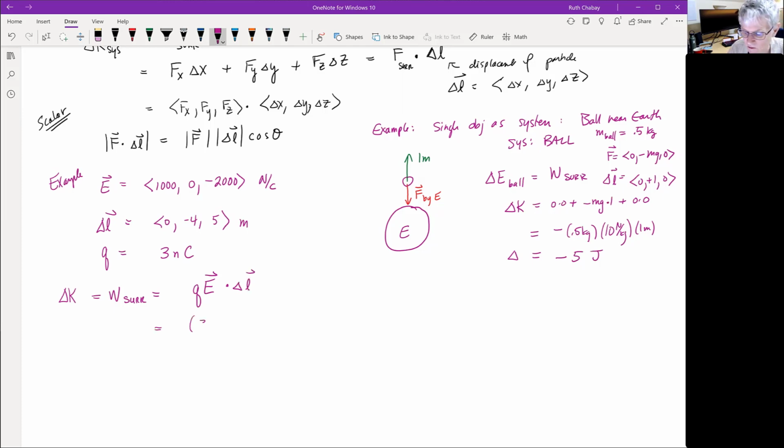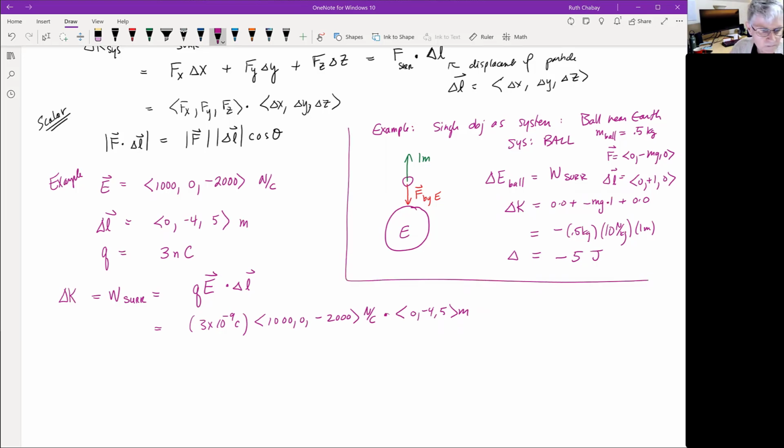So we'd get 3 times 10 to the minus 9 coulombs times the electric field, times the displacement, so a dot product with the displacement, 0, negative 4, 5 meters.